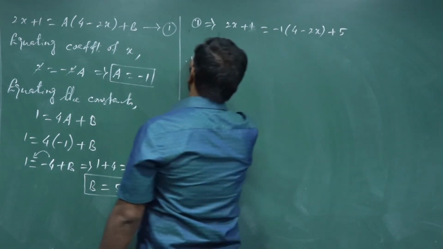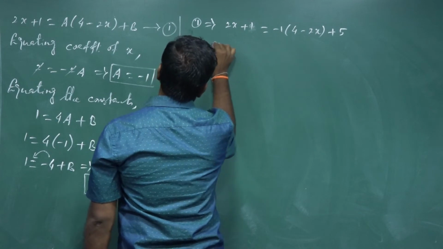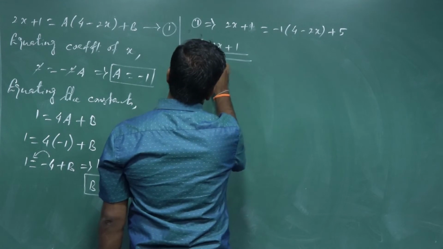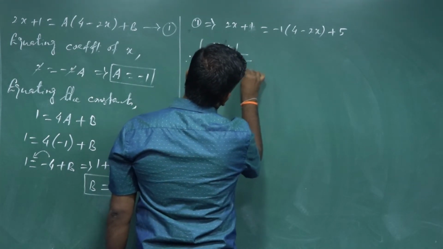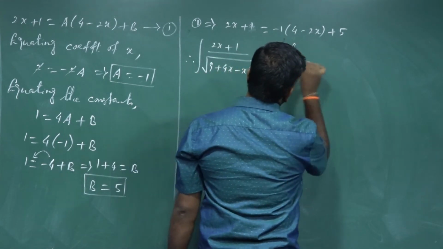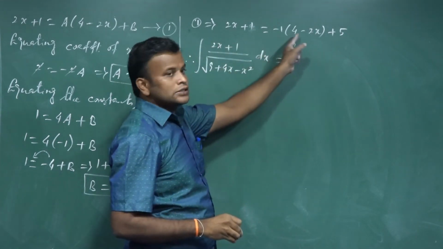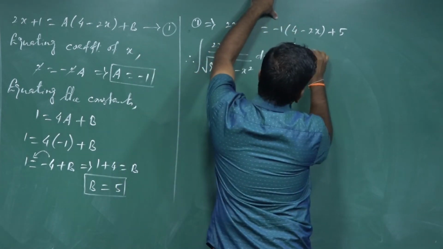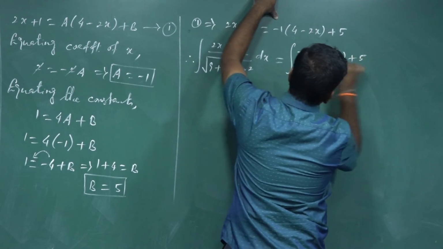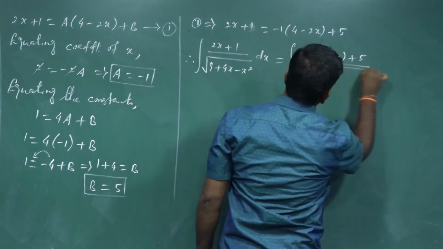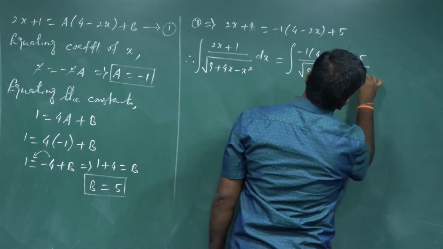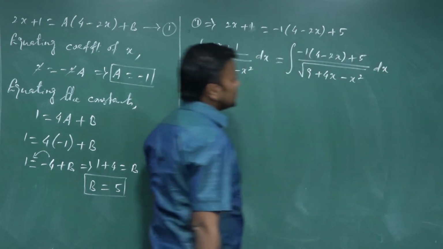Now we write the given sum. Therefore, integrating 2x plus 1 by square root of 9 plus 4x minus x square into dx is equal to, in numerator how to write? Minus 1 of 4 minus 2x plus 5 whole divided by, within a square root, 9 plus 4x minus x square into dx.